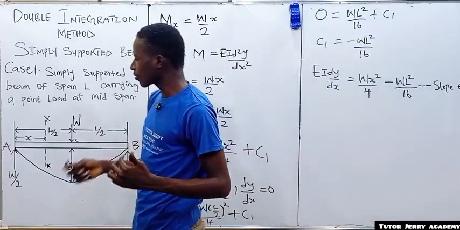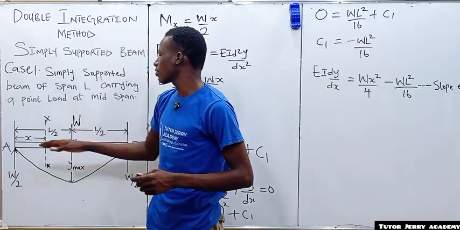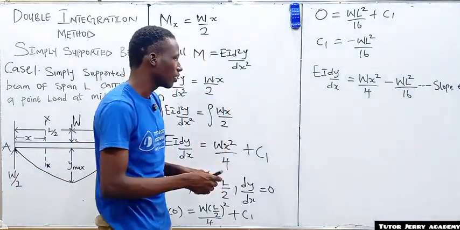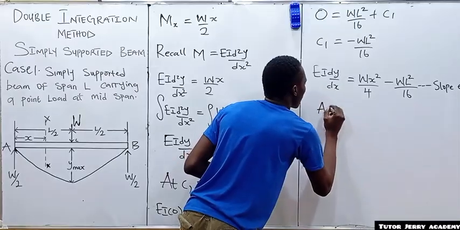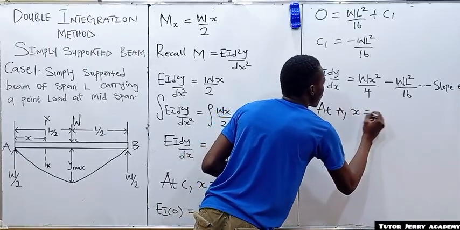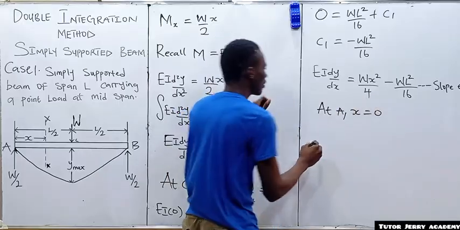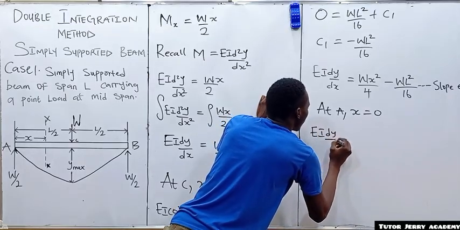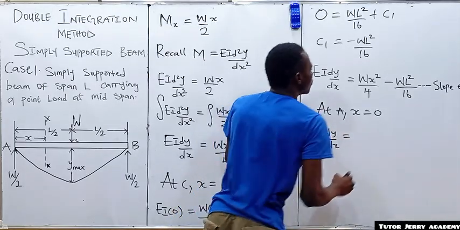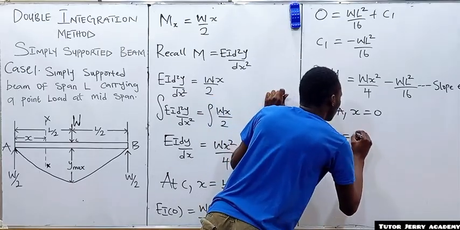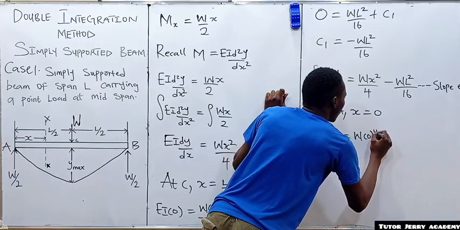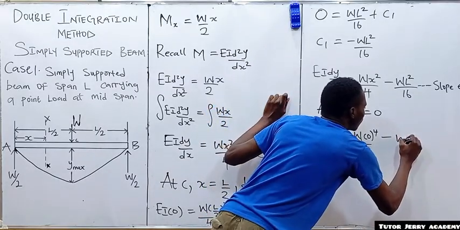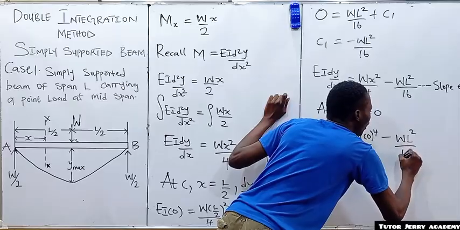So we are going to be applying boundary conditions at point A. Now at point A, we know that x is equal to 0. If you substitute x equals 0 here, it implies that we have EI dy over dx equal to W times 0 to the power of 4 over 4 minus W L to the power of 2 all over 16.